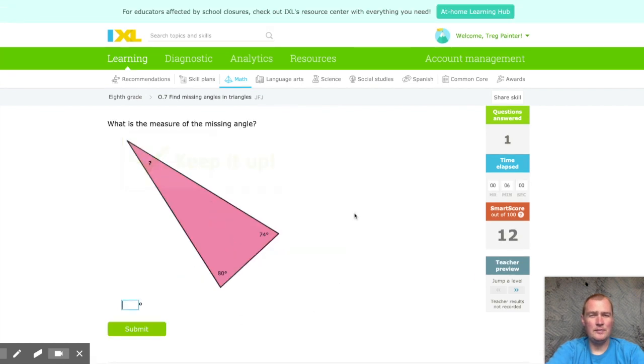All right, let's go ahead and do another one. So again, we got a triangle, 180. Let's get rid of that blue. There we go. Okay, 180 degrees. Let's start with the 74 has to go, minus 74. So 180 degrees minus 74 is 106 degrees. 74 is done.